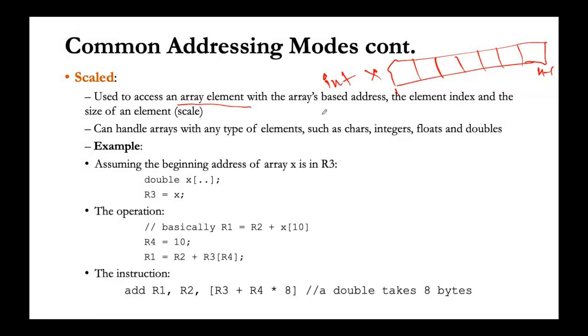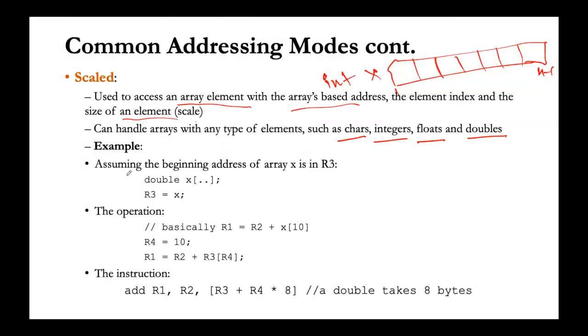The size of an integer is 4 bytes, so all the elements occupying this array are the same size. The scaled mode is used to access the array elements with the array's base address as we discussed, the element index, and the size of your element, that is the scale. So what is the size of the element? Arrays can handle any type of element such as characters, integers, floats, or doubles.